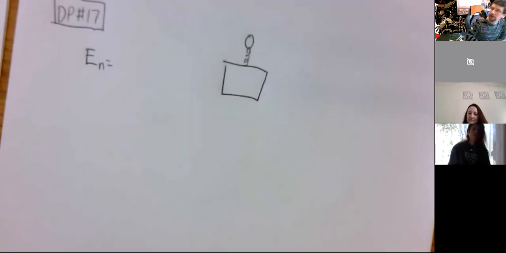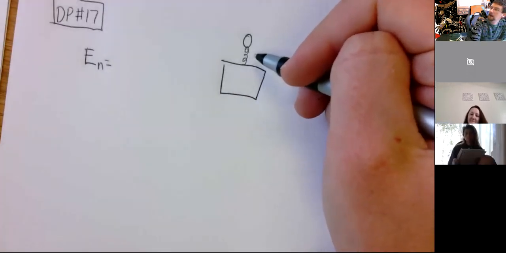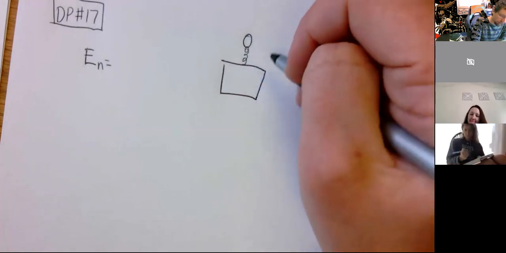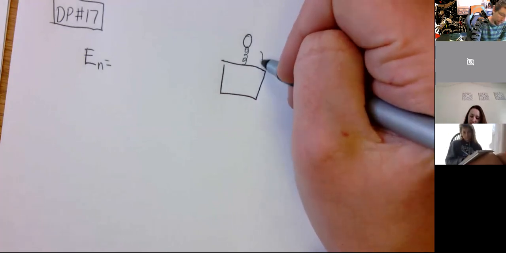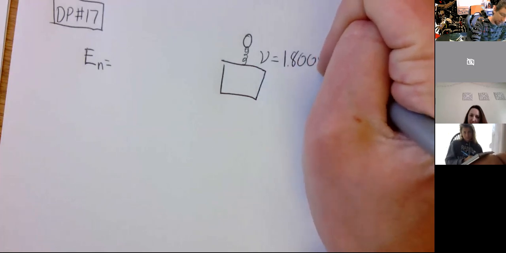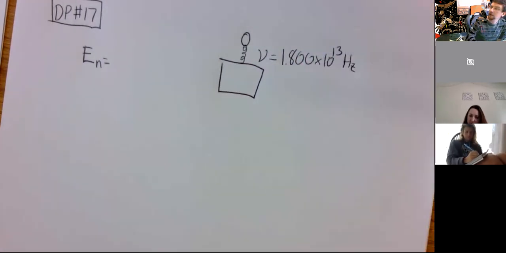You could think about it like a ball and spring, where that's your spring, and you have a K constant associated with it. We told you what the frequency was to make this vibration happen: 1.800 times 10 to the positive 13 hertz. Seem familiar?